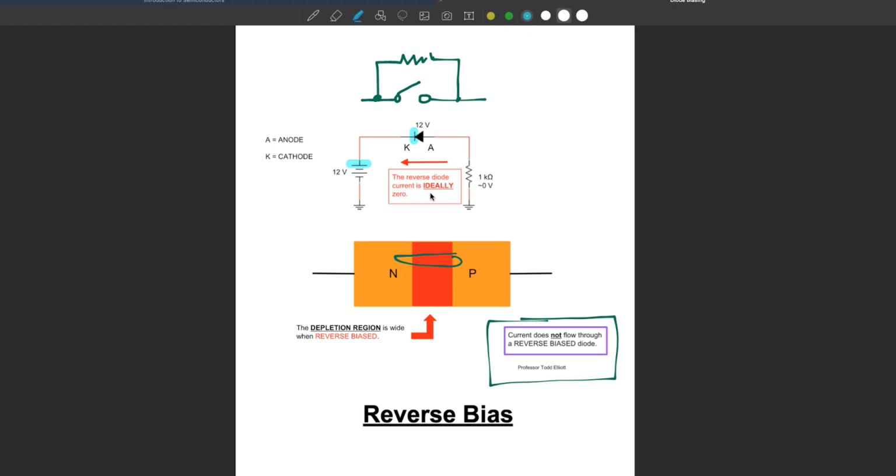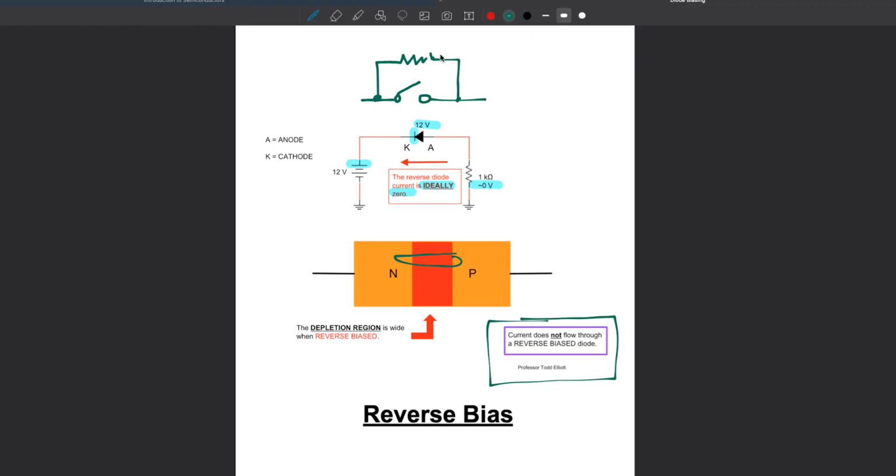This current here is ideally going to be 0, and if that current is ideally 0, then we have 0 volts across the resistor, and then all the battery voltage by Kirchhoff's voltage law appears across the diode.